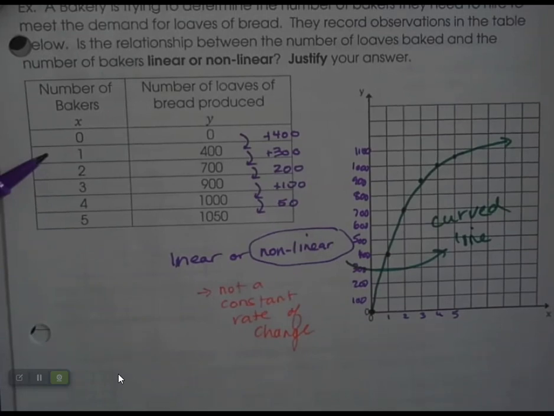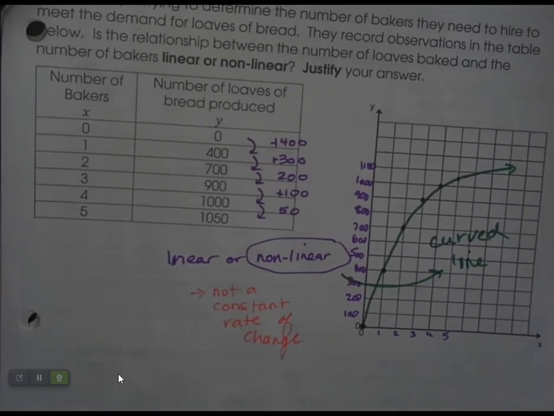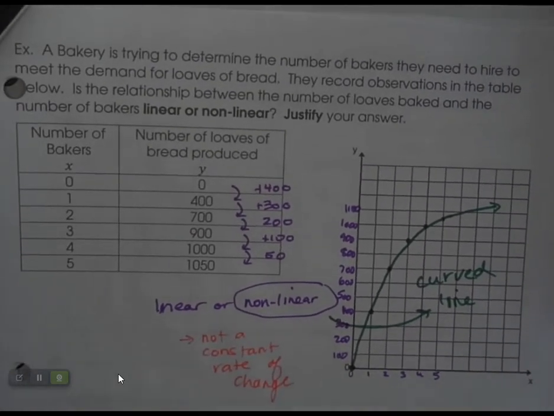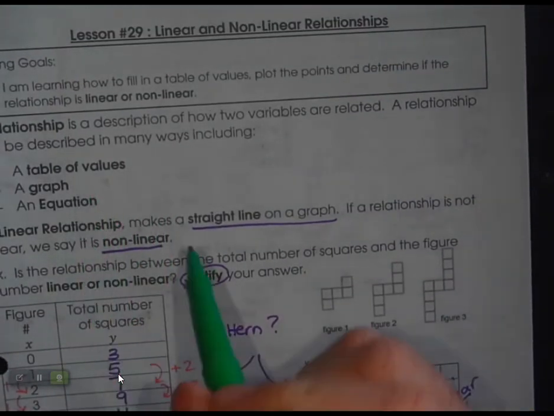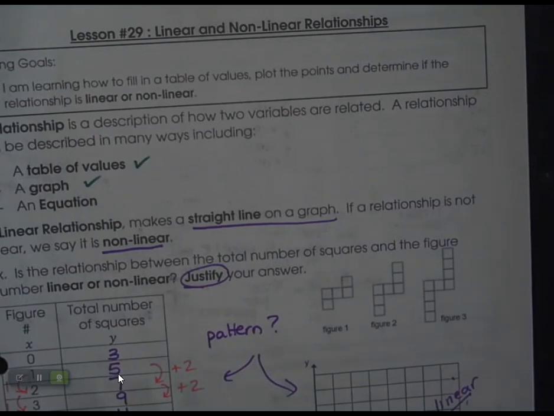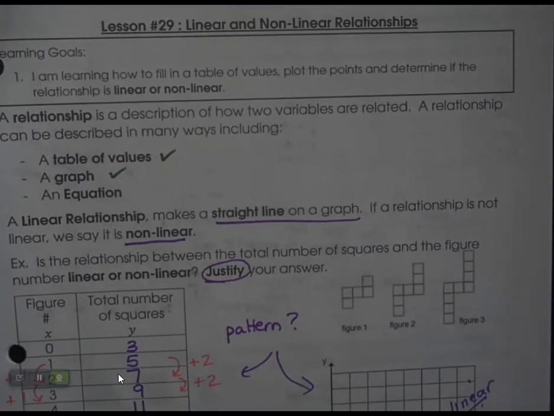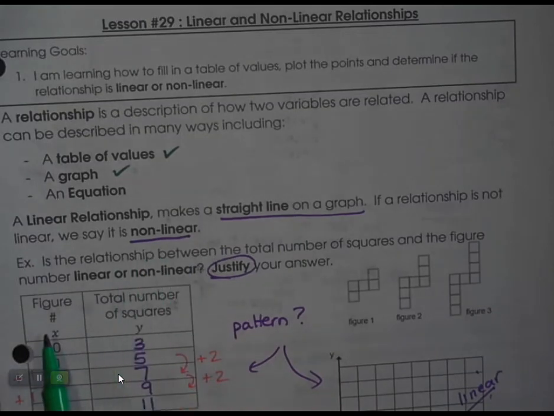All right, so if I'm looking at what are the basic things that we need to be able to do, the idea here is we can look at a table of values and a graph to describe if a relationship is linear or nonlinear.